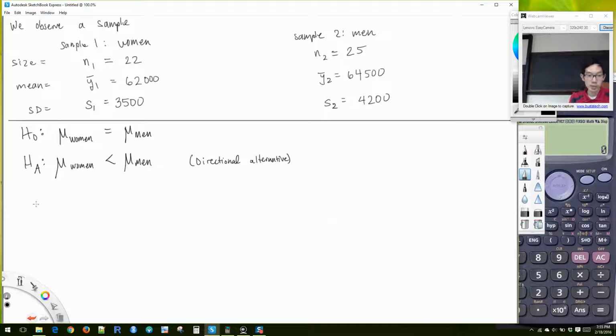And so the way the t-test works is we're going to find basically a test statistic. Our test statistic is almost always going to be in the form of our observed value minus the expected value if null is true, divided by the standard error.